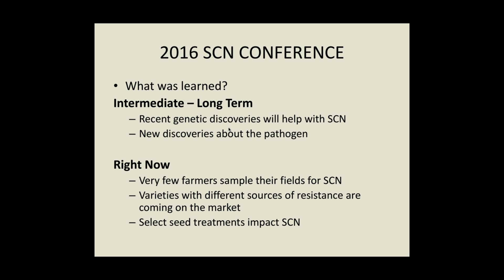And then there's also been even additional discoveries about the pathogen that we did not know. So both of these things are really fantastic and they're great. We could spend all day talking about them, but that's not going to change how we manage the pathogen this year.